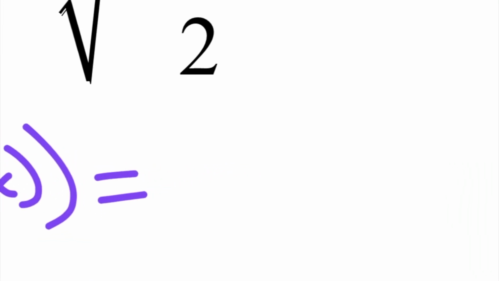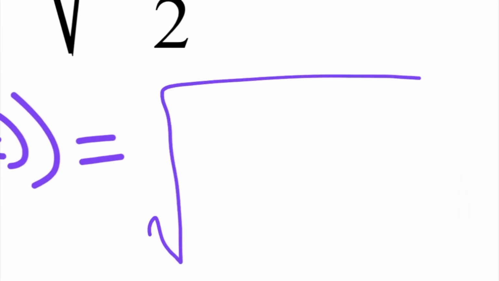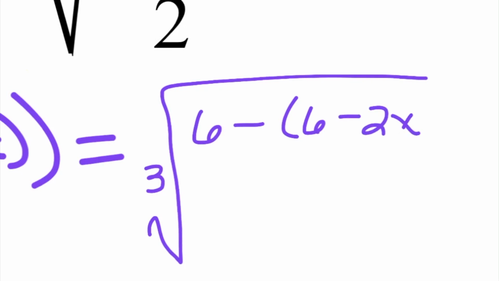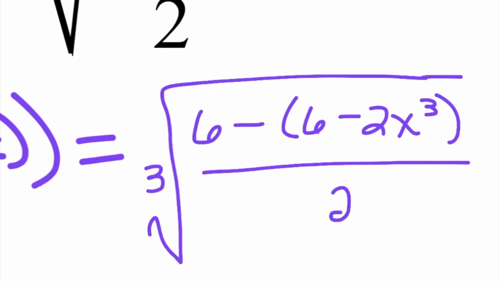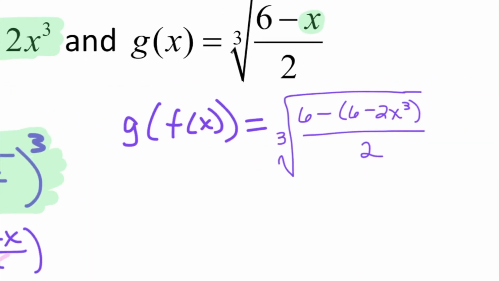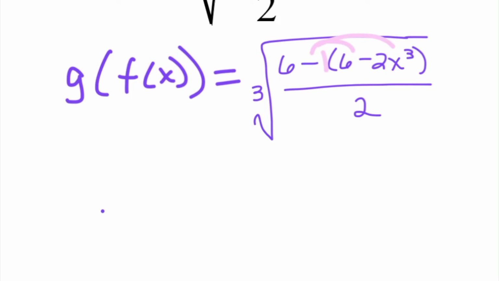So that ends up becoming big ugly cube root, big ugly numerator 6 minus, but then the function f is 6 minus 2x cubed. It's going to get uglier before it gets prettier, all over 2. And then I'm going to distribute the -1. So work inside the cube root first. You still have to write the cube root.